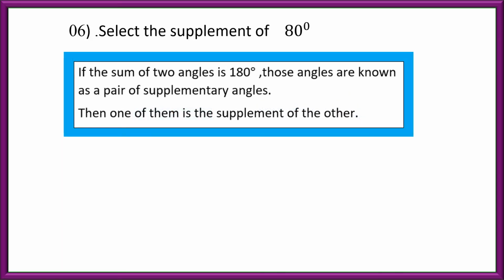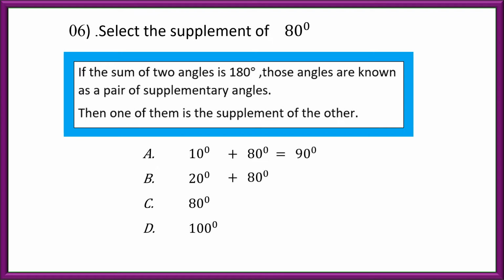Question number 6. Select the supplement of 80 degrees. If the sum of two angles is 180 degrees, those angles are known as a pair of supplementary angles. Then, one of them is the supplement of the other. Now let's see the given answers. In the first one, 10 degrees plus 80 degrees gives us 90 degrees.